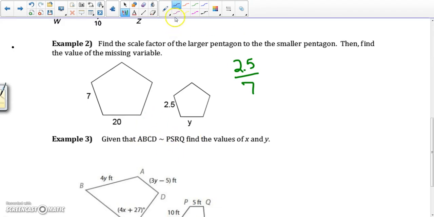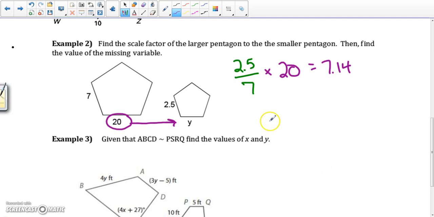Let me figure this out. Alright, here we go. So we can either just multiply that scale factor by the side we want to change. We want to get that 20 down to the smaller pentagon there. So we can do our scale factor times that number, and that gets us to 7.14.